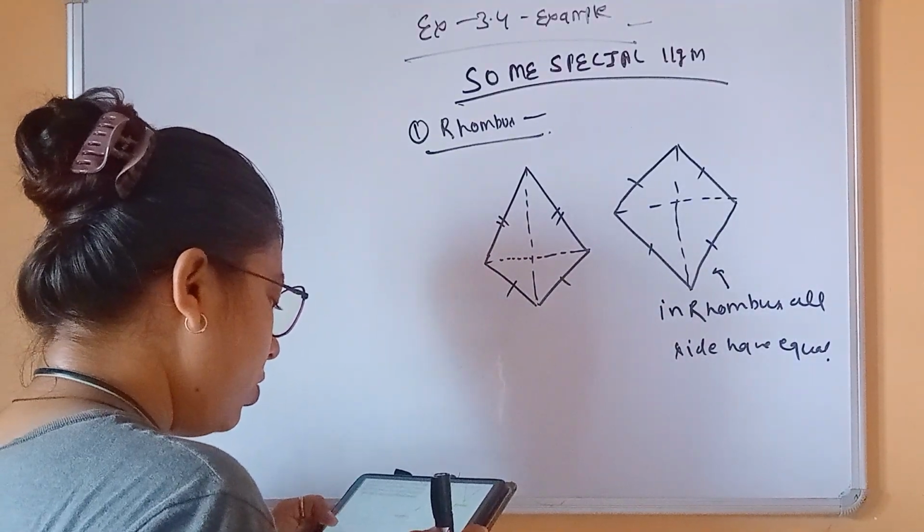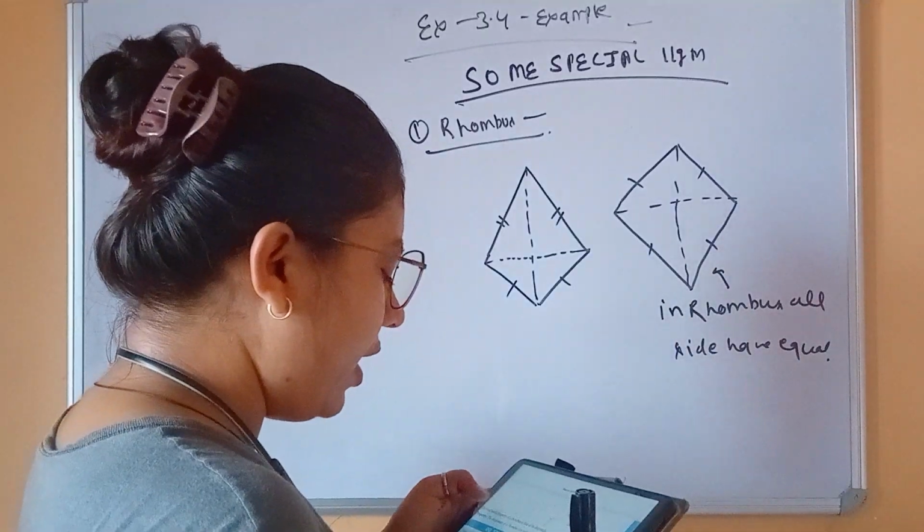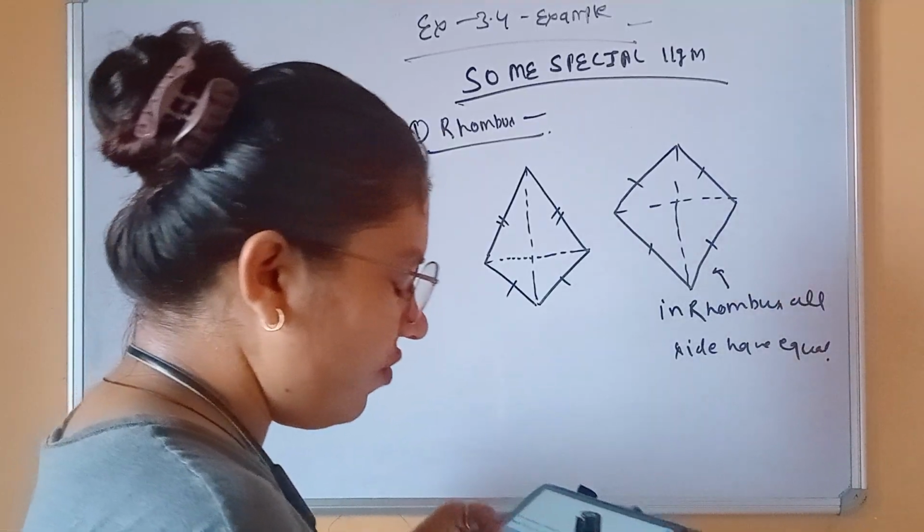So try to list them out. Doesn't matter whether you understand or not. Here the property: the diagonals of a rhombus are perpendicular bisectors of one another.